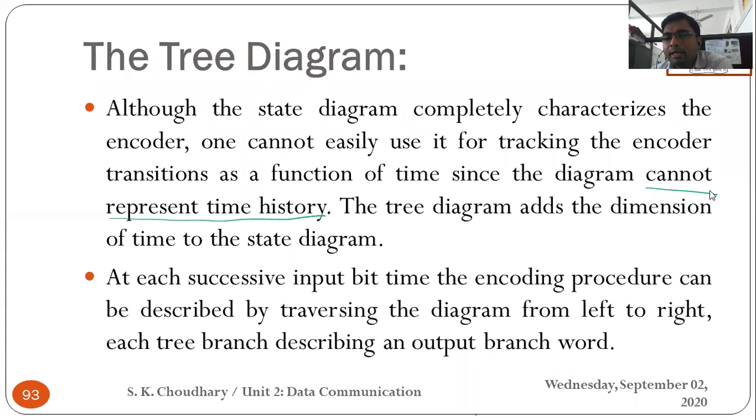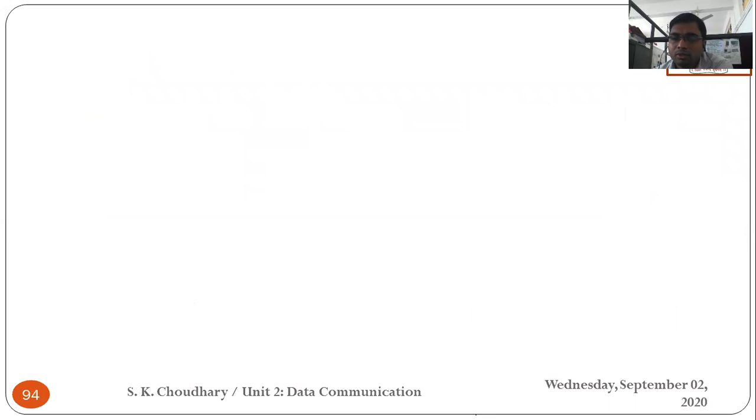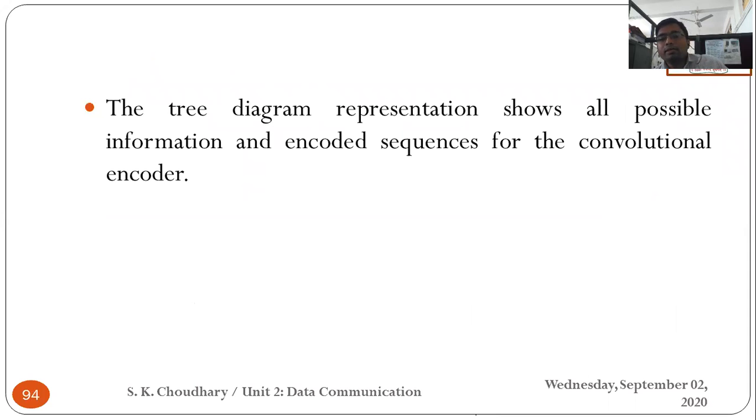So in the case of the tree diagram, what have we done? At each successive input bit, the encoding procedure is described by traversing the diagram from left to right, and each tree branch describes an output branch code. This representation shows all possible information and encoded sequences for the convolutional encoder.